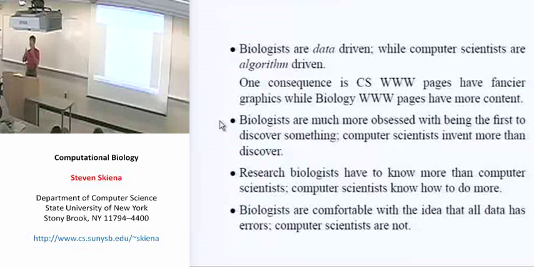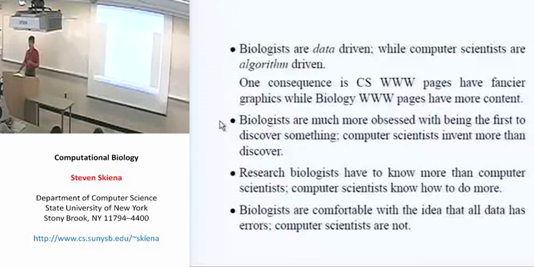You say, oh, I have invented a faster algorithm for X. That is what you're doing. Or you may say, I have built a system for doing this, okay? And so there's a cultural difference there. There's a greater level of paranoia among biologists about being scooped, okay?